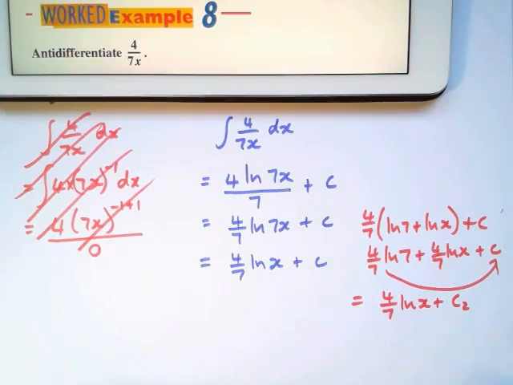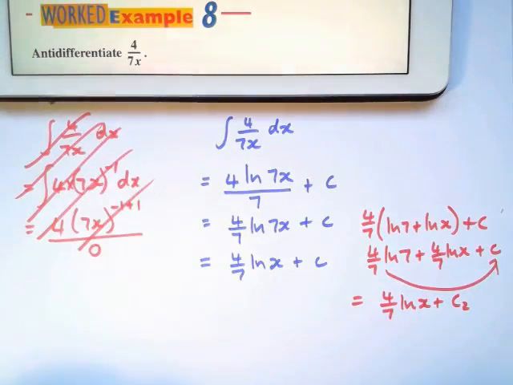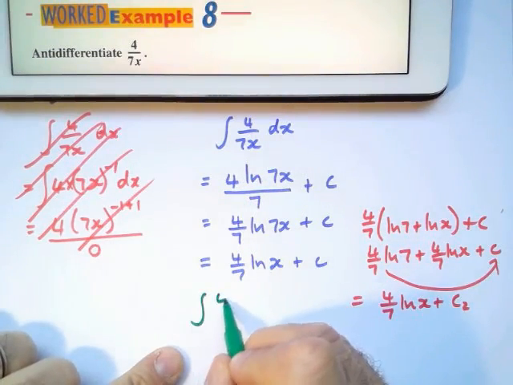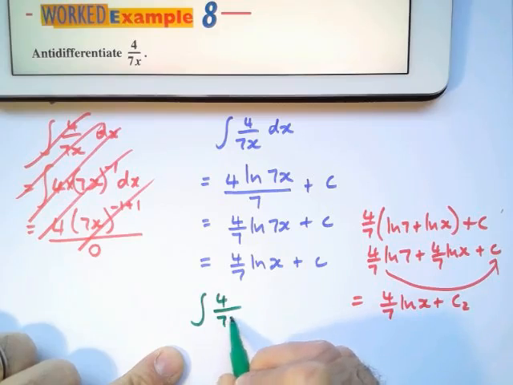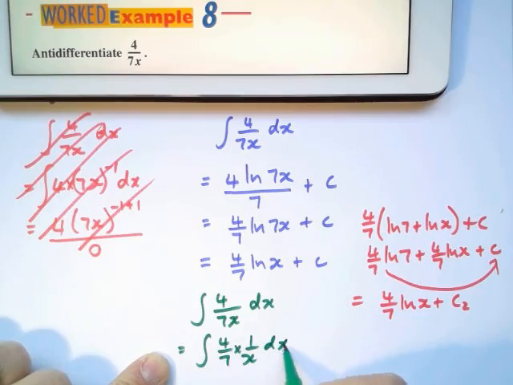What you could have done to get this right from the start is to go back to the beginning. If I do the one from the top, I can say 4 over 7x dx is the same as 4 over 7 times 1 over x dx.